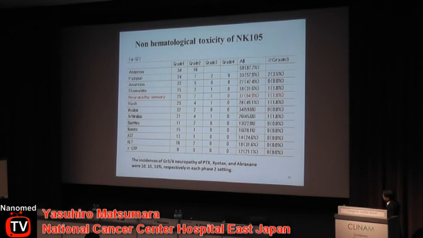Also, it is noteworthy that during the whole period of this study, only one patient experienced grade 3 sensory neuropathy. It's 1.8% total. The incidence of grade 3 or 4 neuropathy of paclitaxel formulations, namely conventional paclitaxel, Xyotax, and Abraxane, were 10, 15, and 11% respectively in each phase 2 setting.